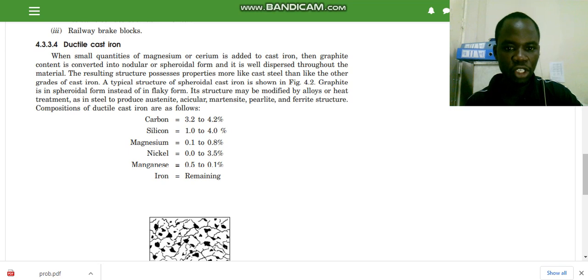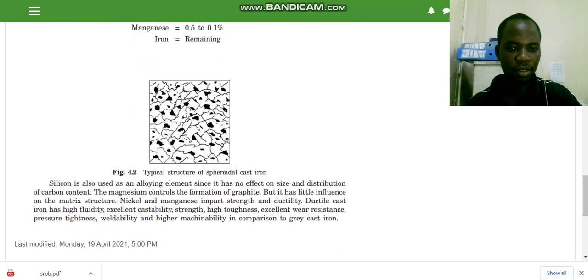The composition of this ductile cast iron: it has 3.2 to 4.2% of carbon, 1 to 4% of silicon, 0.1 to 0.8% of manganese, 0 to 3.5% of nickel, and 0.05 to 0.1% of magnesium, and the remaining one is iron.